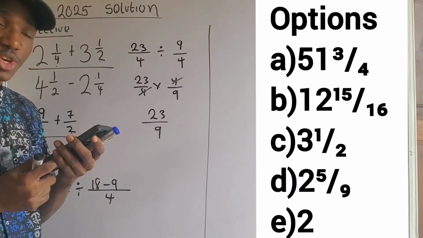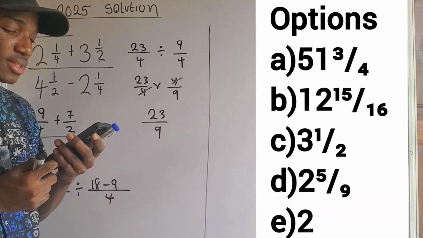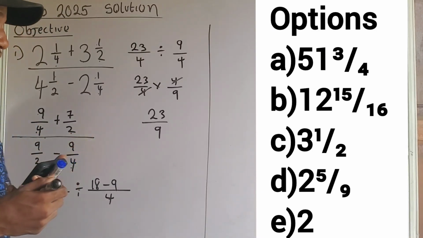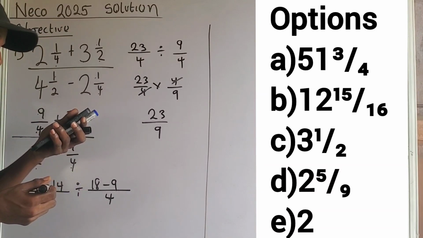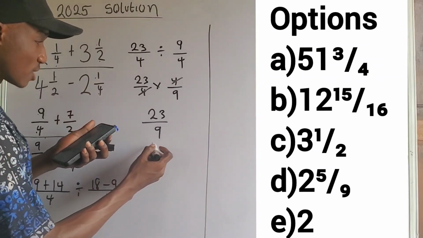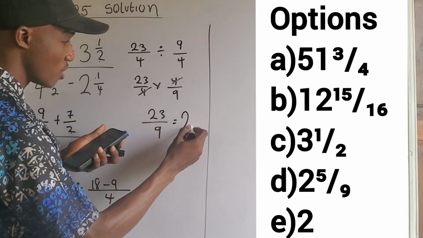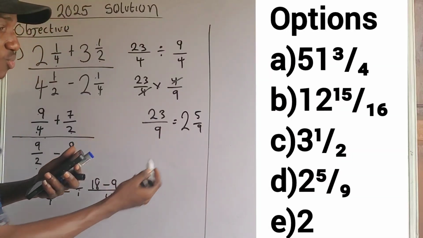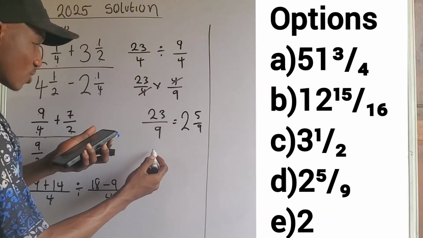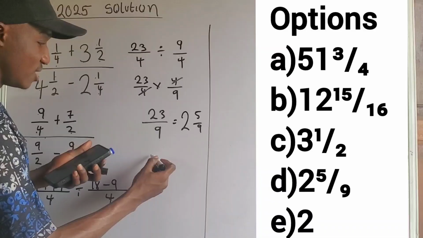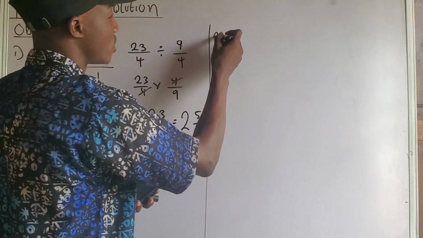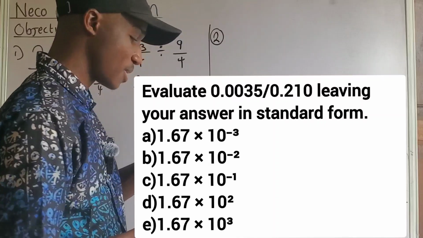The third option, 3 whole number 1 over 2. The fourth option is 2 whole number 5 over 9. The fourth option is the correct option. And the fifth option was given as well, which is 2. So the correct option to this is 2 whole number 5 over 9, because 23 divided by 9 to mixed fraction gives you this. So the correct option to that question is option D. Option D is correct. Okay, so let's proceed to question number 2.